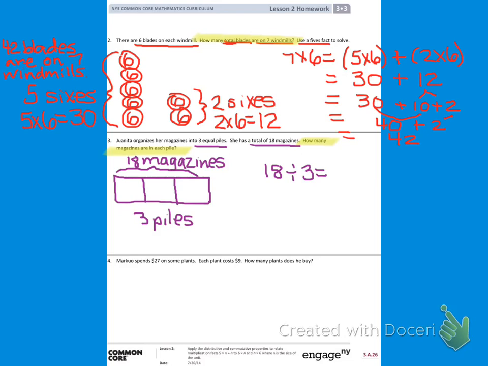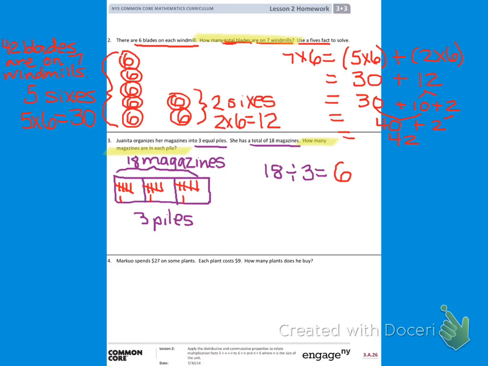You could distribute those 18 magazines equally into those 3 piles, like this. 1, 2, 3, 4, 5, 6, 7, 8, 9, 10, 11, 12, 13, 14, 15, 16, 17, 18. Doing it that way, it shows that each pile has 6 magazines in it. So 18 divided by 3 is 6.